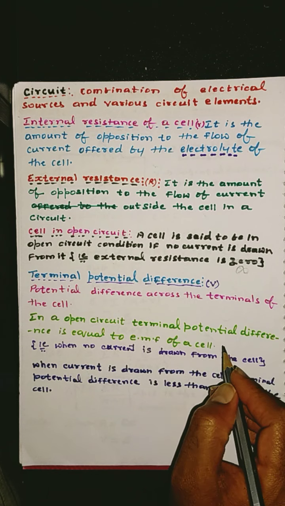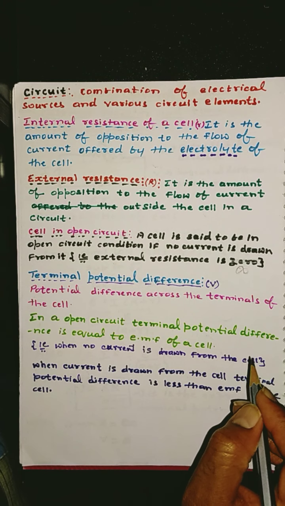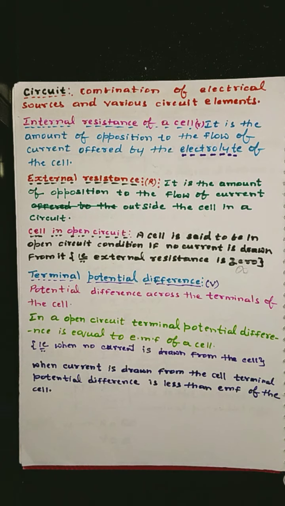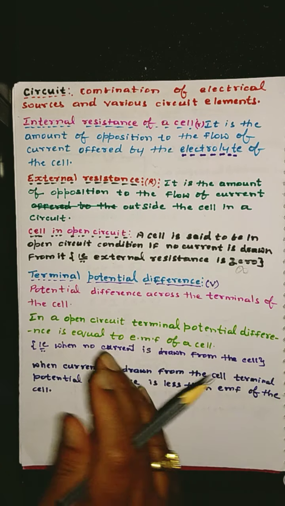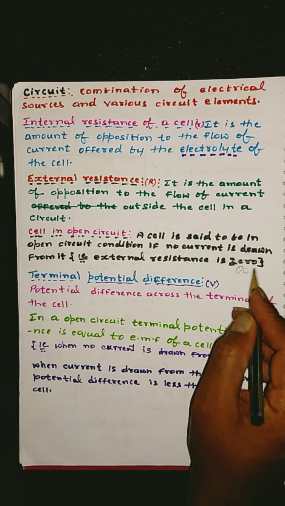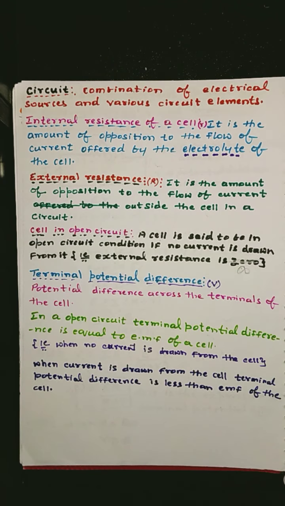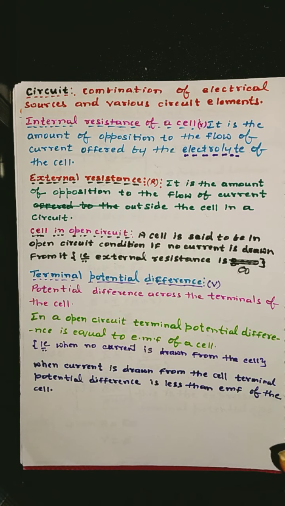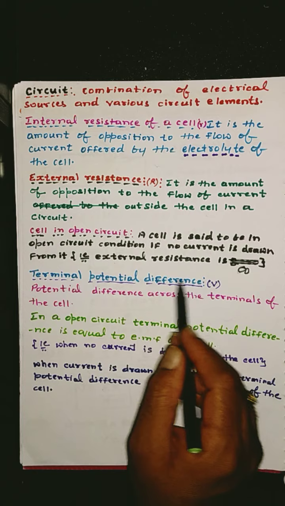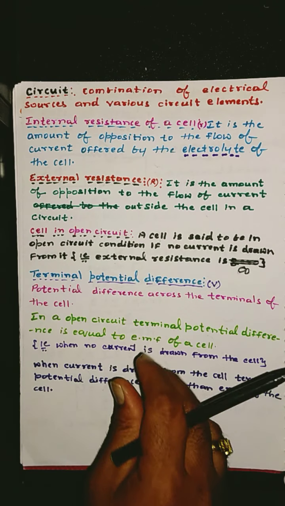If external resistance is infinity, then the cell is said to be in open circuit condition. So in such a case, no current will be drawn from the circuit, as you can observe here. So in an open circuit condition, the external resistance will be infinite.